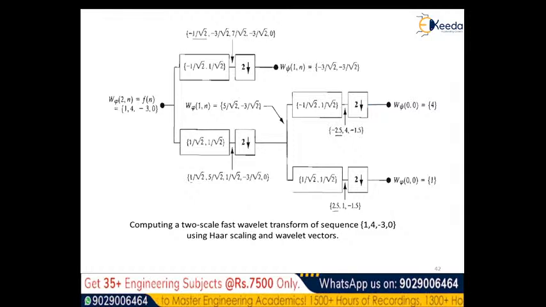You see here that f(n) is equal to 1, 4, -3, 0 here, and that is of course with the use of the simplest wavelet tool, that is the Haar wavelet transformation. So the corresponding vectors are the scaling and the wavelet vector here.